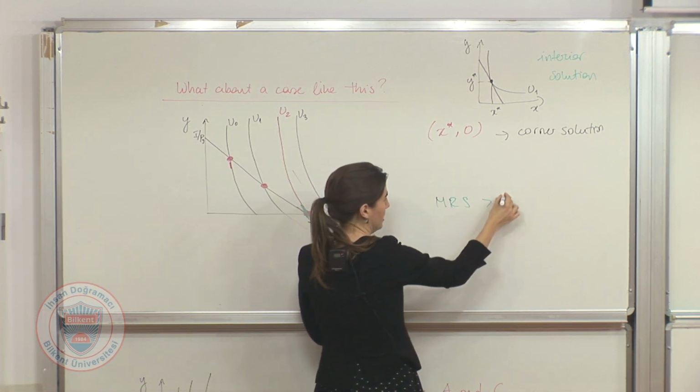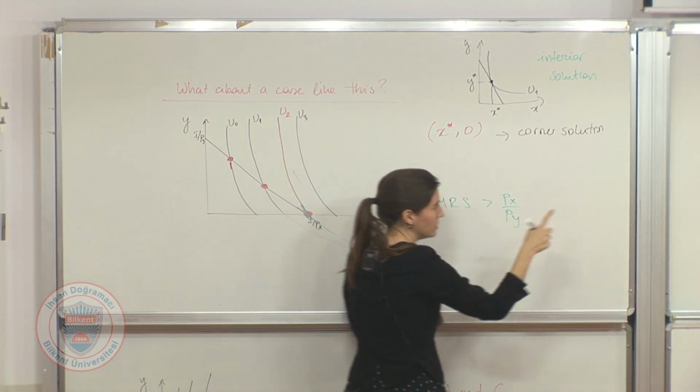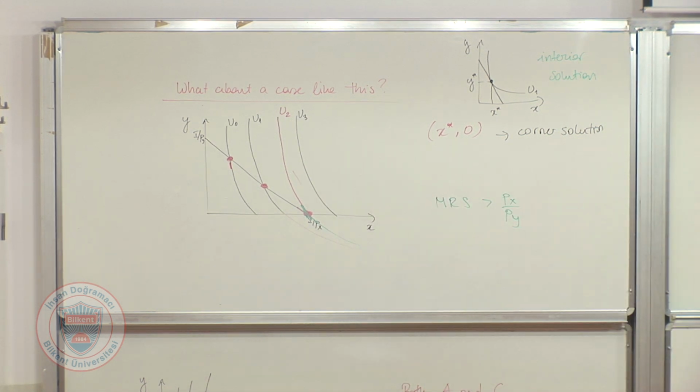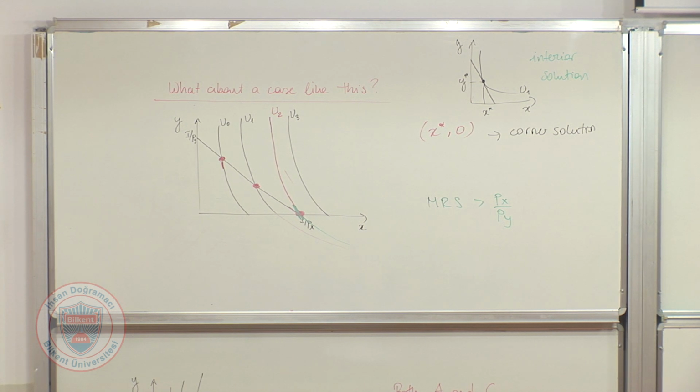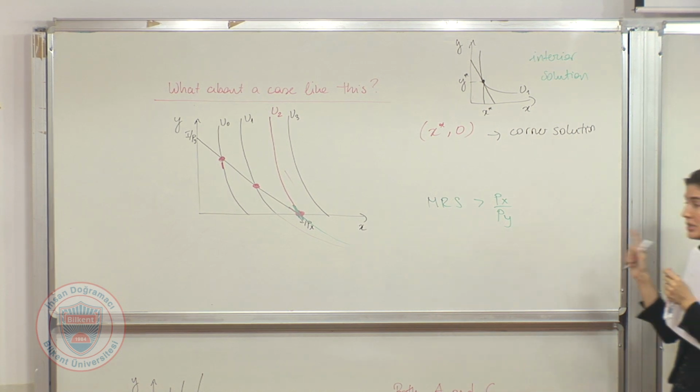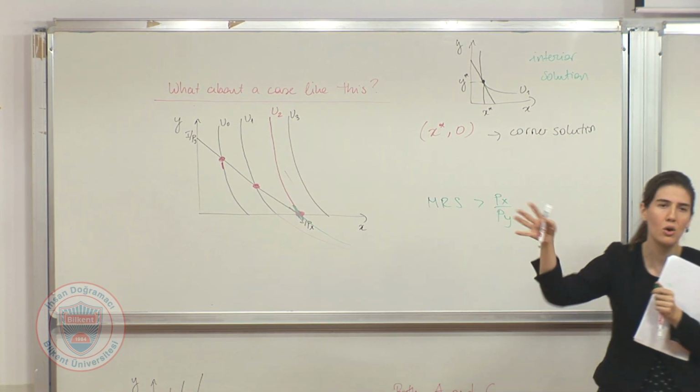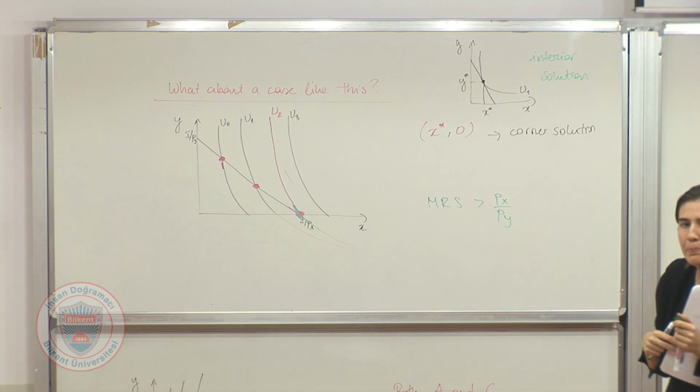MRS is more. That's why I wanted to give you that interpretation. This is actually a hard case, but even by intuitive arguments you can figure this out. You guys figured this out, right? You said, hocam, MRS is more than Px over Py.